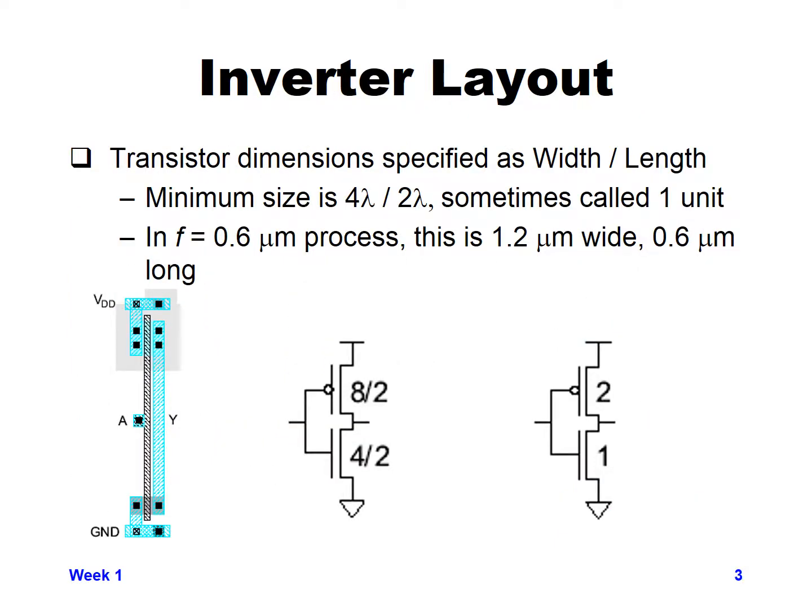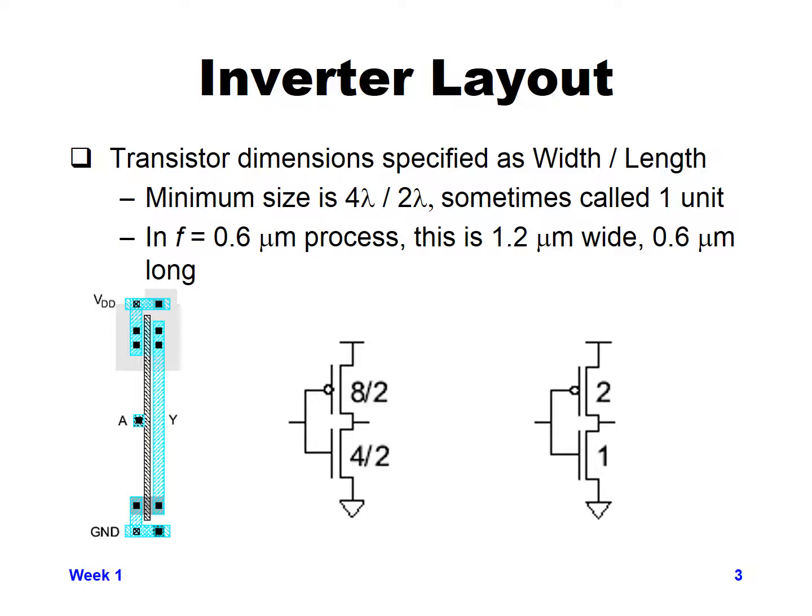Now that we know how transistors are fabricated, let's go back and talk a little bit about specifying the dimensions for our transistors. Transistor dimensions, if you remember back to previous classes, we have the length of the transistor channel, but we also have the channel width.